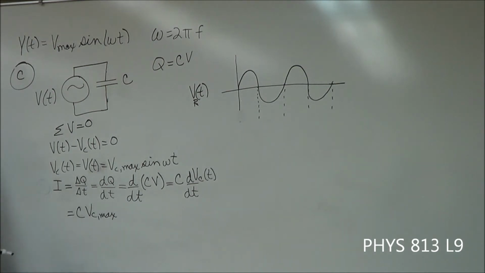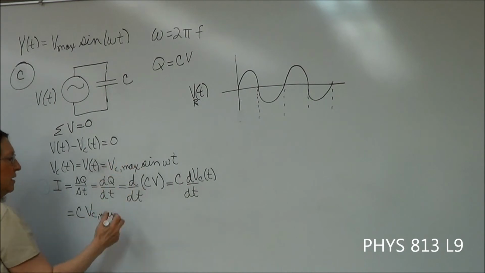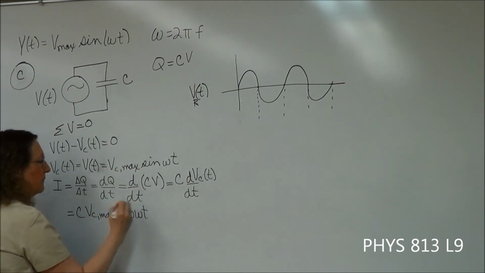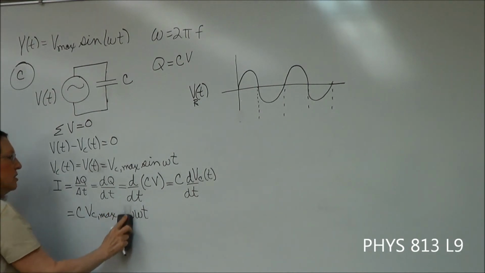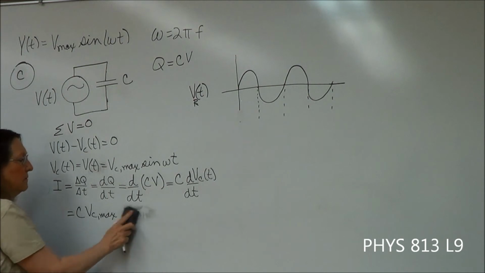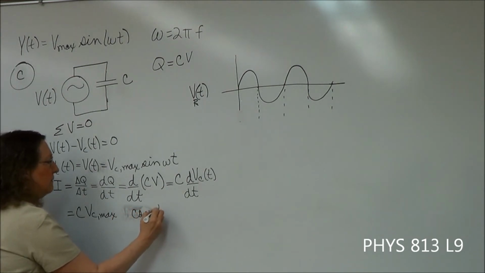If you go back to your calculus, the derivative of sine theta is cosine theta times the derivative of the theta, or the argument. So the derivative of sine is cosine, so we put cosine of omega t. Actually, I'm going to move that over just a little bit. That doesn't erase very well. I'm going to put it over here, cosine omega t.